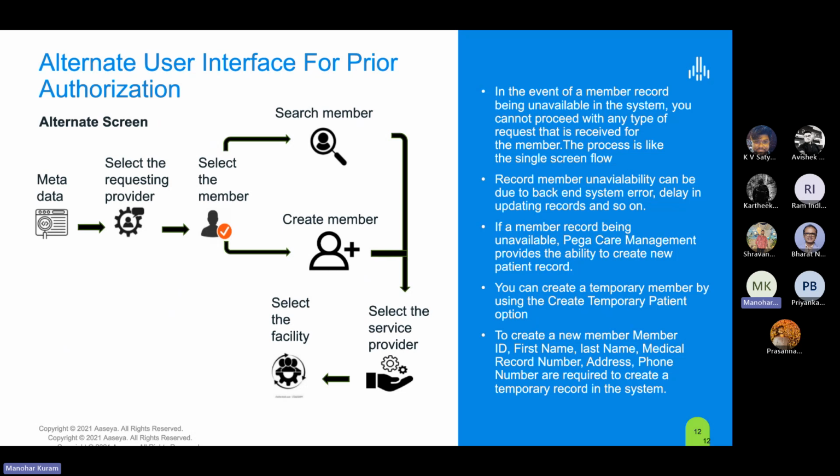The screen looks like a single screen flow wherein if a member record is not available, we can create a member, and once the member is created, a temporary record gets generated in the system. Now we can use the temporary record, select the service provider, select the facility, and cater the services to the member.